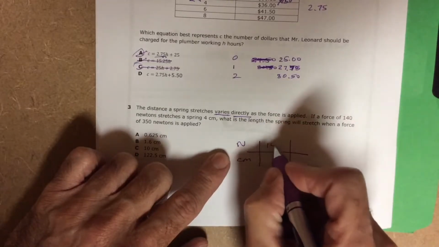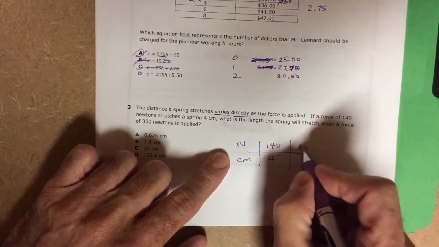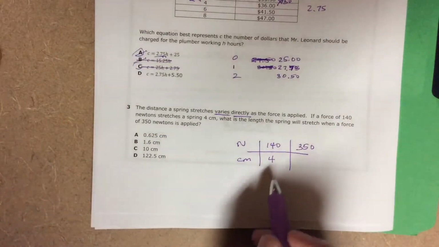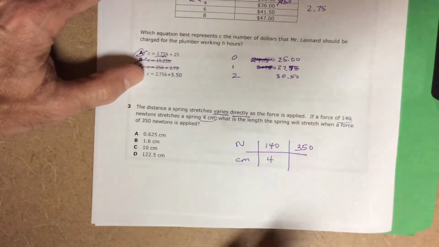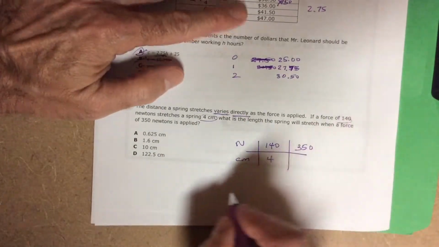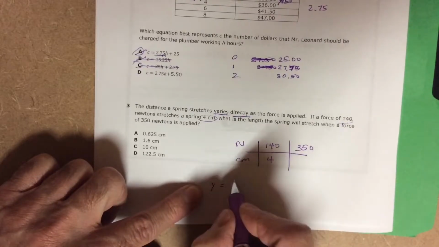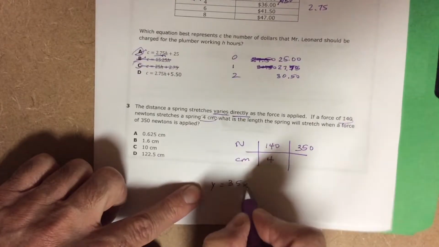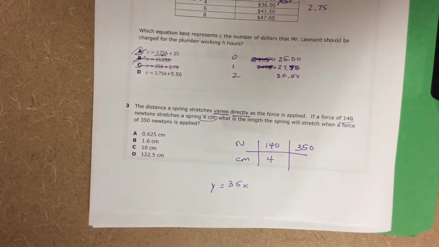If a force of 140 newtons was 4 centimeters, how about 350 newtons? You could have also done 140 divided by 4 to find the equation. And the equation would be 35x, where x is in newtons.